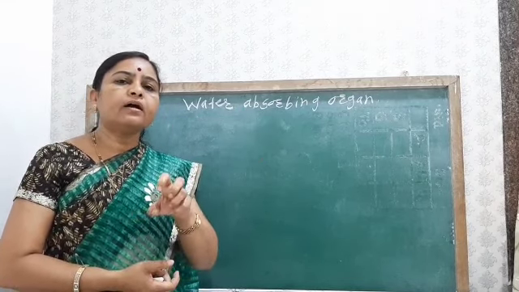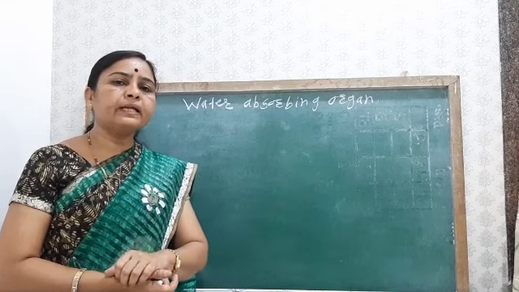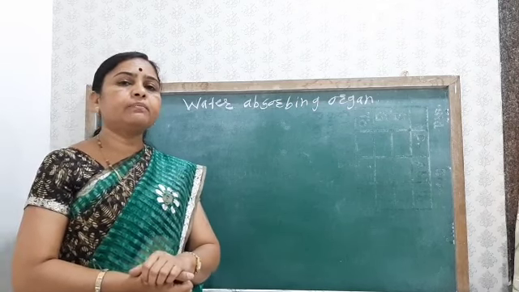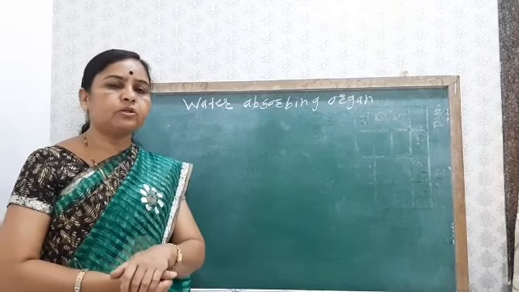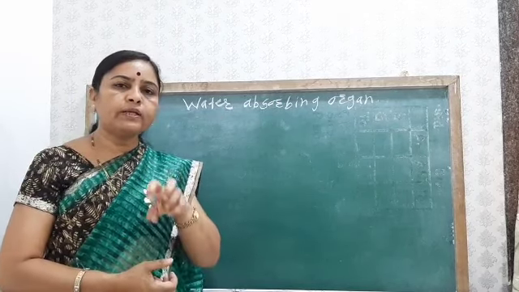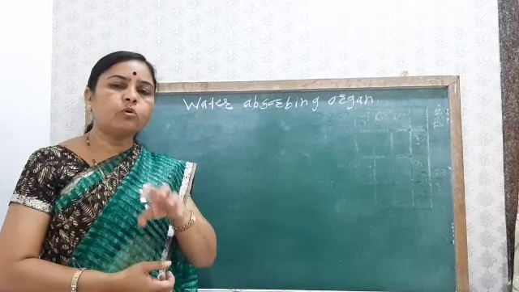These are special roots which absorb the water in the form of water vapor. Okay, and this water vapor is absorbed due to the presence of a special tissue, the velamen tissue.